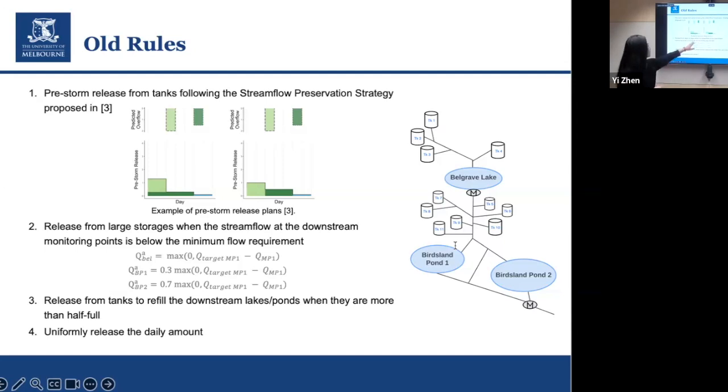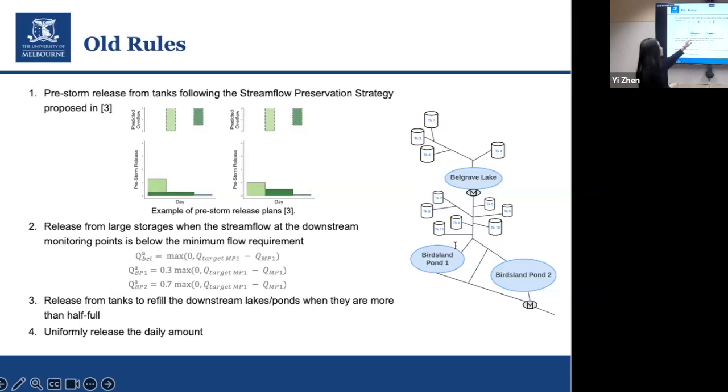And in the second plan here, we distribute each predicted overflow amount over the intervals between the last and current overflow events. In this example, we can see that the second plan achieves a lower discharge rate. So we'll just follow this trend to do the pre-storm release.